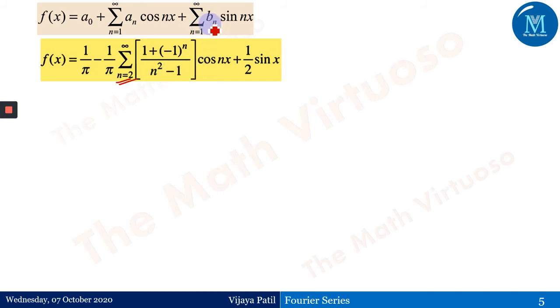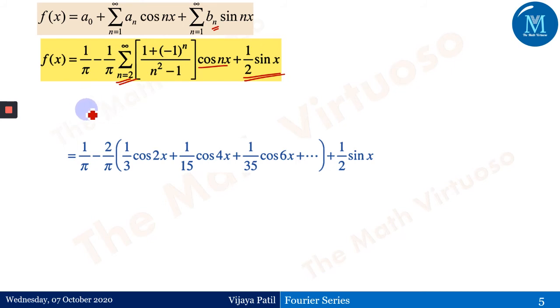And here bn is 0 for all values n equals 2, 3, 4 and so on. But there is a value of b1 which we have written here. The value of b1 was 1 by 2 into sine of x. Here the value of a1 is 0, and we have written n equals 2 cos of nx, right? This is the difference and a very important step to note down.